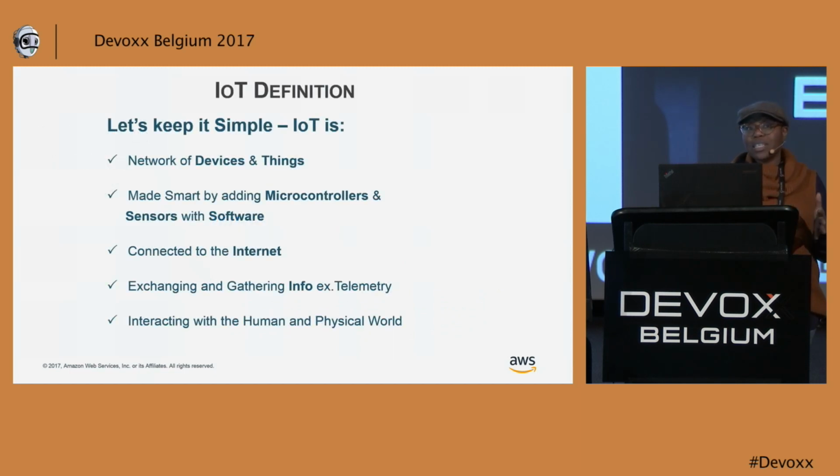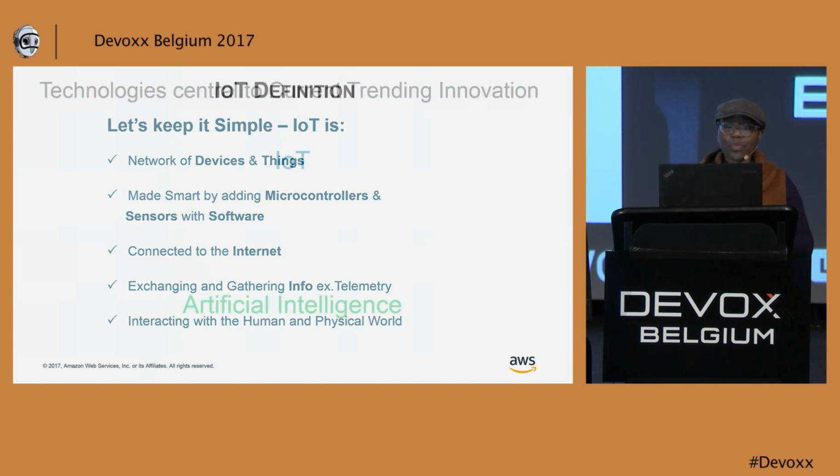It is a network of devices and things, made smart by microcontrollers, sensors, and actuators. It's connected to the internet in some way, whether that be intermittent, consistent, or at the edge. And then we exchange data, which we call telemetry data, back and forth, and it interacts with us as humans and the physical world. That's pretty much what IoT does.